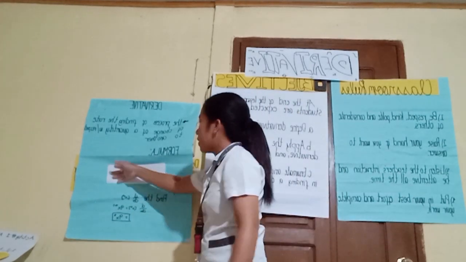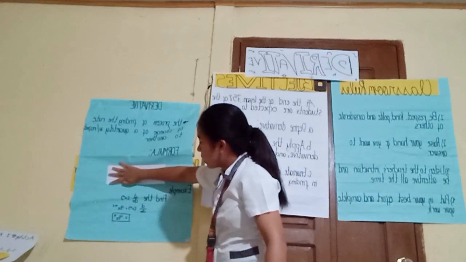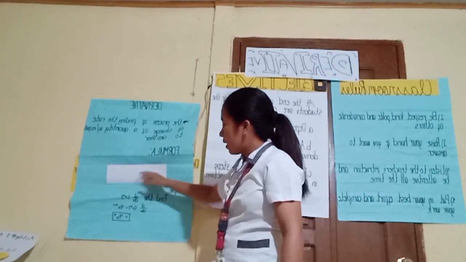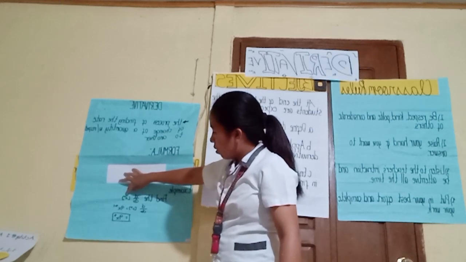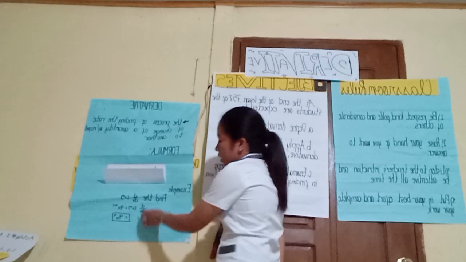For example, find d over dx of x to the 9. You substitute the n, so you get 9x to the 9 minus 1.